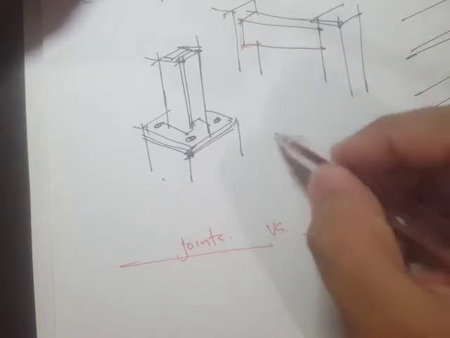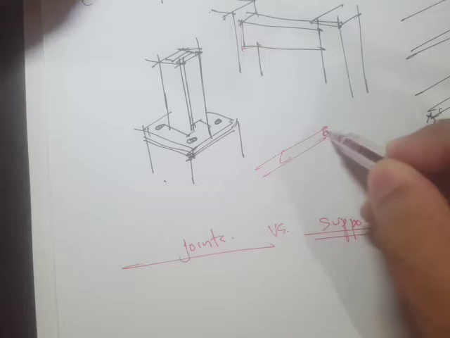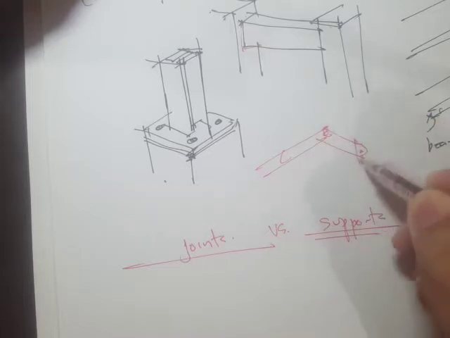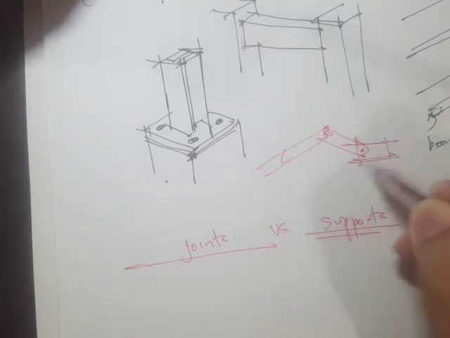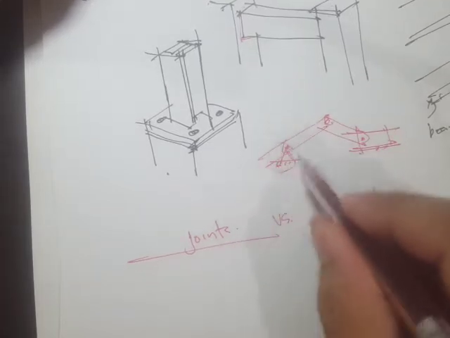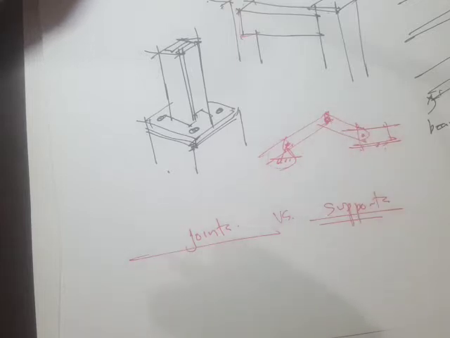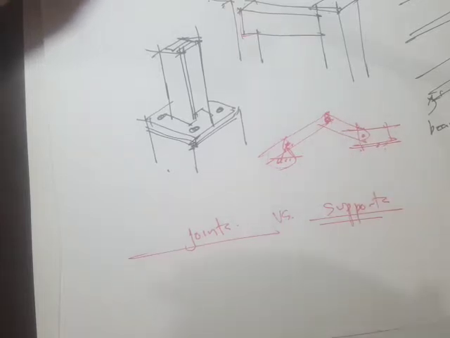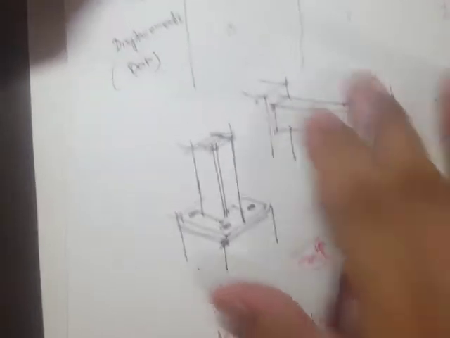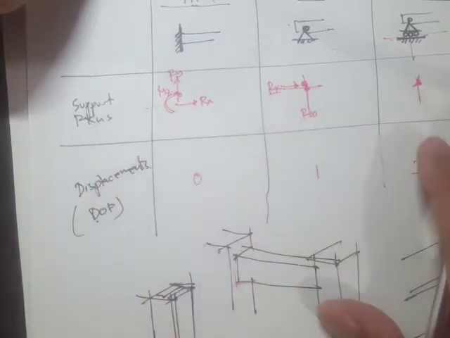But if we have links, for example, like the slider crank mechanism in mechanical systems, this one is a support, right? But this one is referred to as a joint. Although in terms of reactions, they are almost the same.